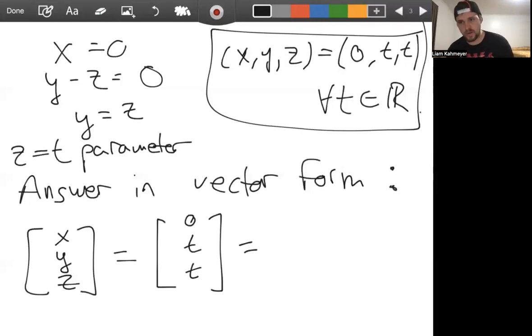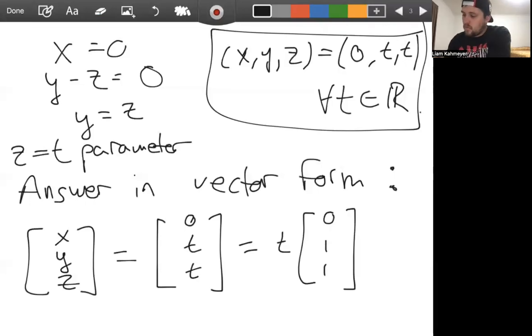And so we know we can scale vectors. Well, every component here has a t that can be factored out, right? So we have t times (0, 1, 1). When you have a parameter, this is usually how you will see the solution written.